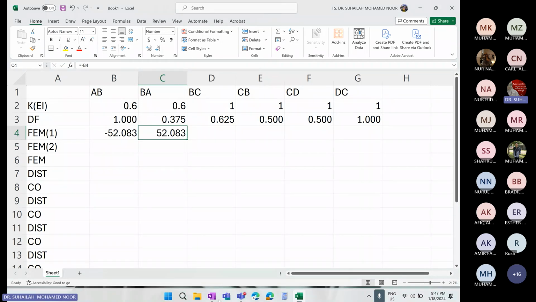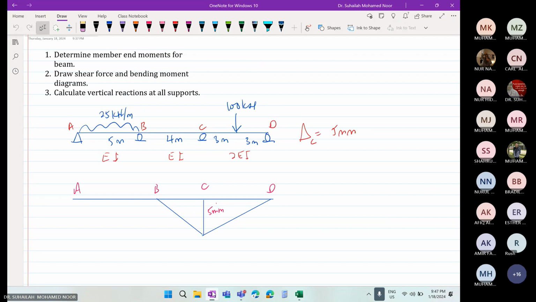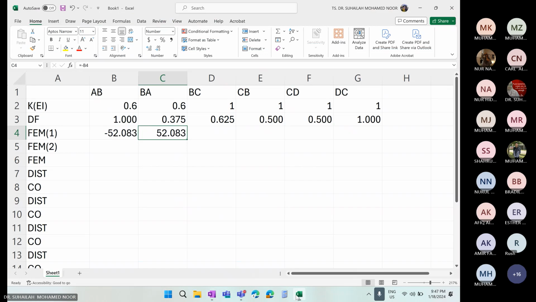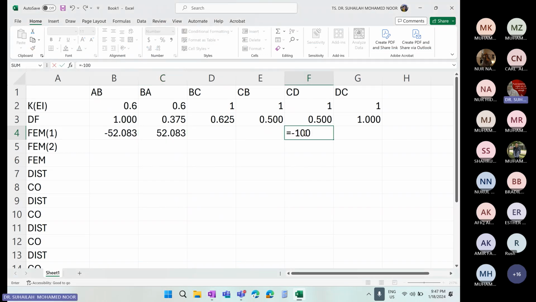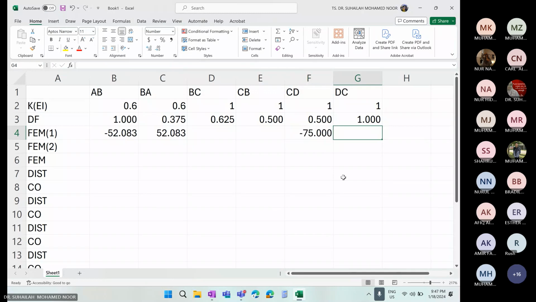And for CD, PL over 8, P is 100, L is 6, PL over 8 gives 75 negative and positive 75. So due to external loading, one negative, one positive, opposite.